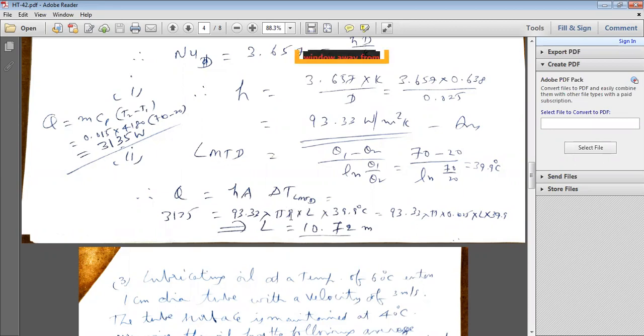So pi d L into log mean temperature 39.9 degrees. Here h is given, h calculated 93.33.